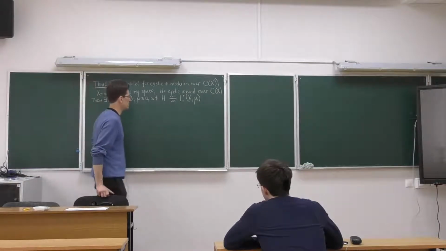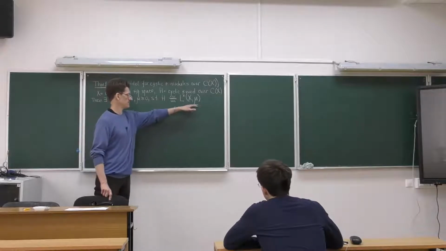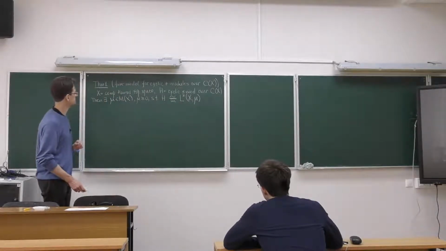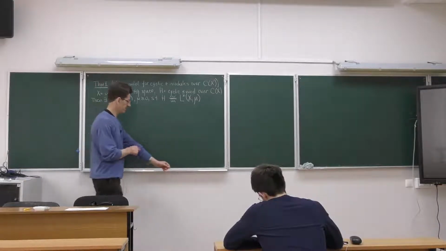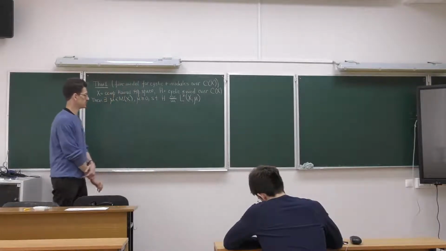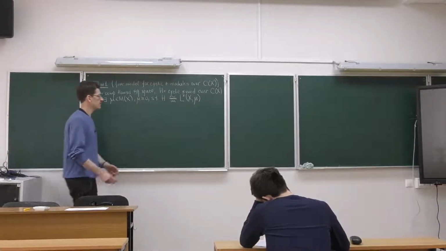So briefly, each cyclic star module over C(X) has this form. Well, before we prove it, let's briefly recall some ingredients, some notions which appear in the statement.